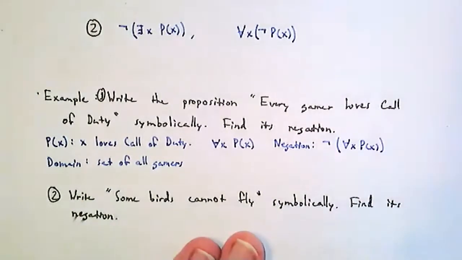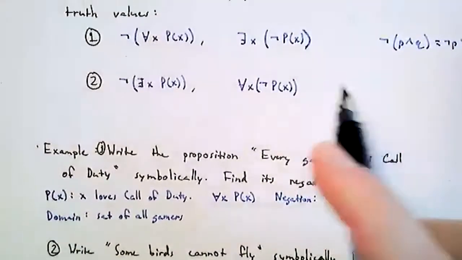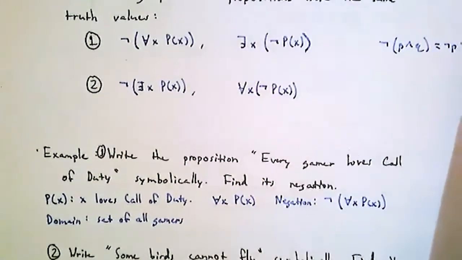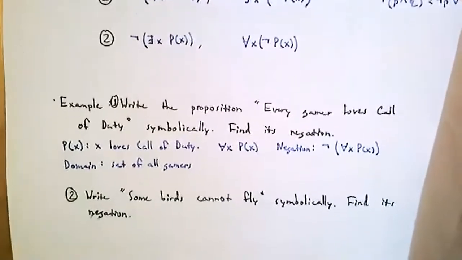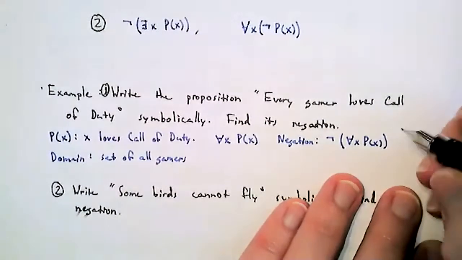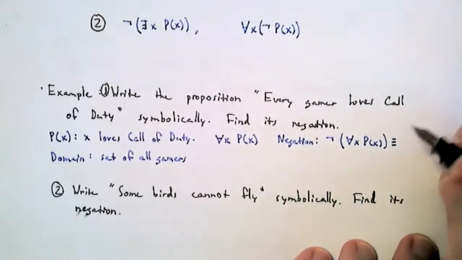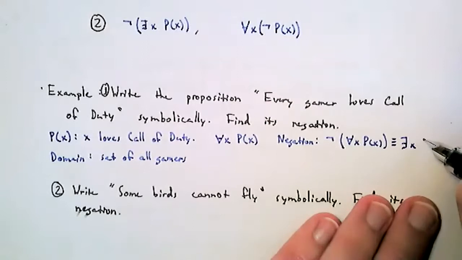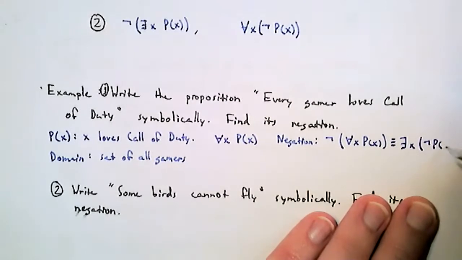And what we're going to want to do is replace that with this form from the first De Morgan's law. So this is the same thing. It's logically equivalent to switching the A to an E and then putting the negation symbol on P.